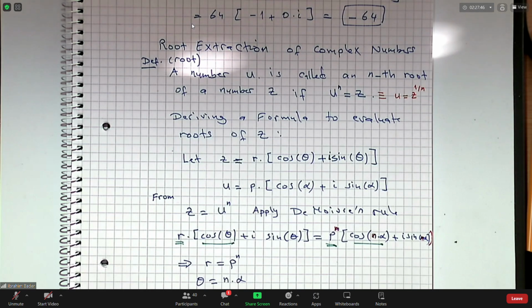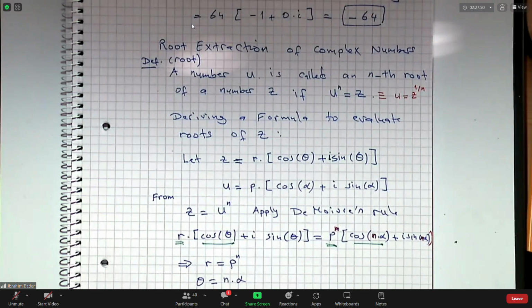So we said here that r is equal to p to the power n, and theta must have a relation to alpha. But since we can't say it's equal to n times alpha, because trigonometric functions are periodic, any multiple of 2 pi will also satisfy this condition.